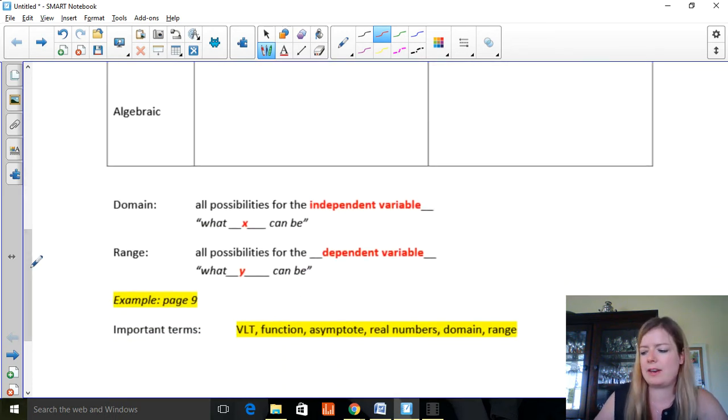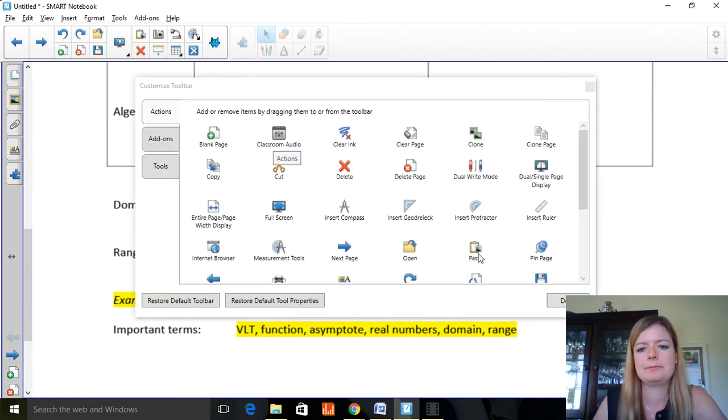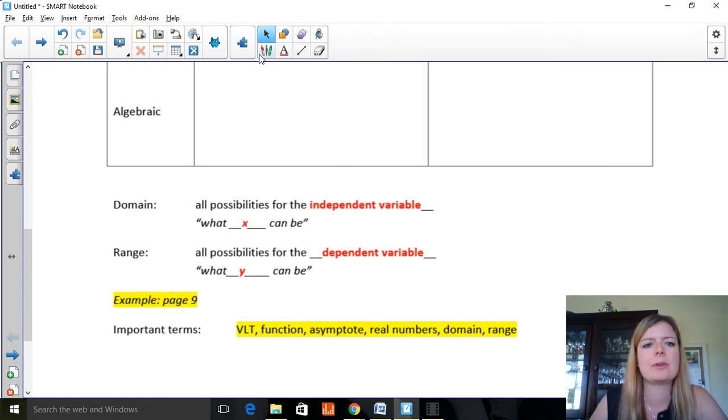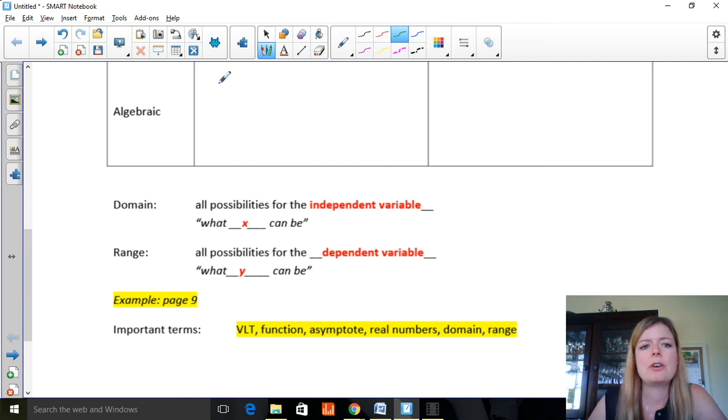Algebraic is just a fancy way of saying, I'll get back to green here. Oops. Look at all these things I can do. Algebraic is just another way of talking about equations. So any quadratic is a function. We know that.